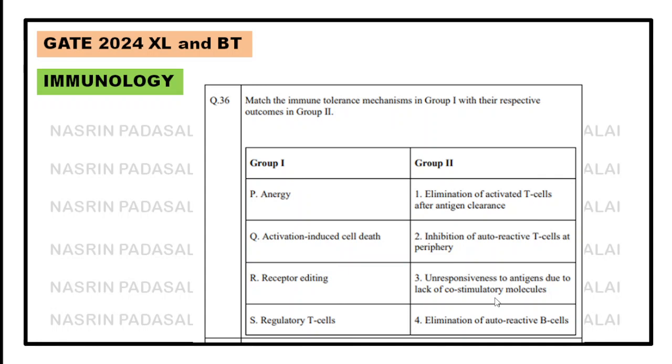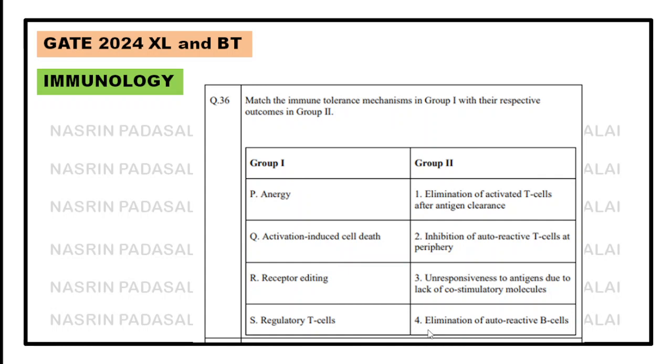Next is activation induced cell death. Here also you can find the word activation, and here also you can find activation. So Q you can match with 1. Activation induced cell death is generally employed to eliminate the activated T cell after antigenic clearance. Okay. Receptor editing. Receptor editing is used to eliminate autoreactive B cells. It gives a second chance in order to eliminate autoreactive B cells.